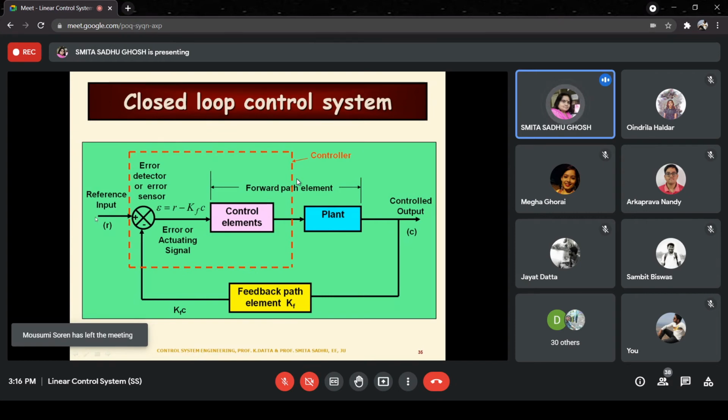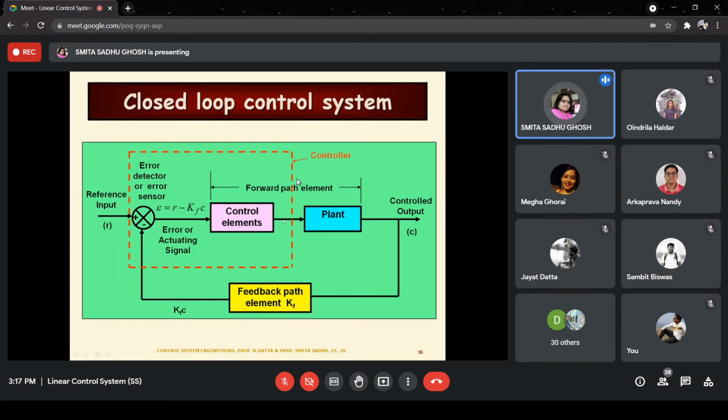Number one, you find the reference input going inside. Also, the feedback signal, that is the controlled output via the feedback element, gives you the feedback signal, which is going into this red block. So the inputs to the controller are the reference input and the feedback signal.